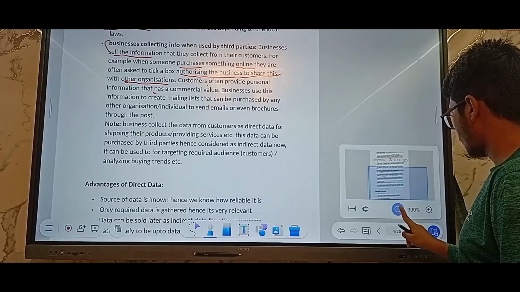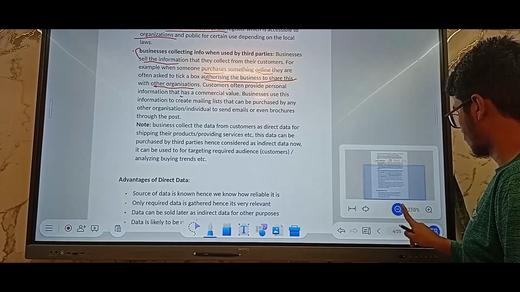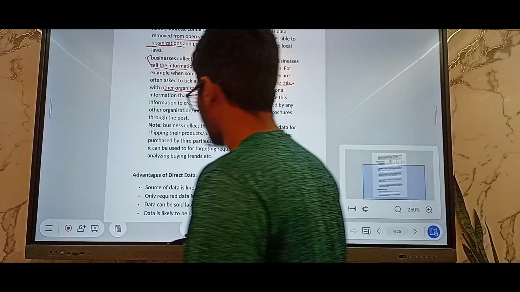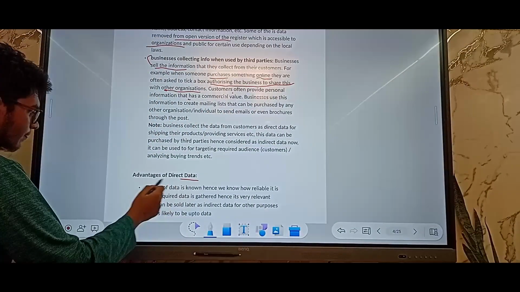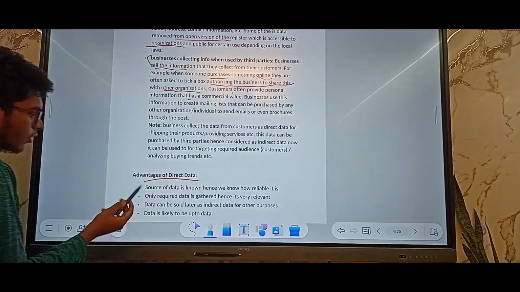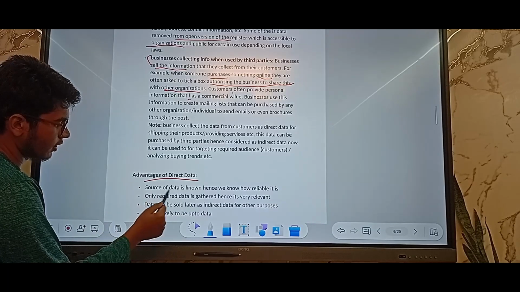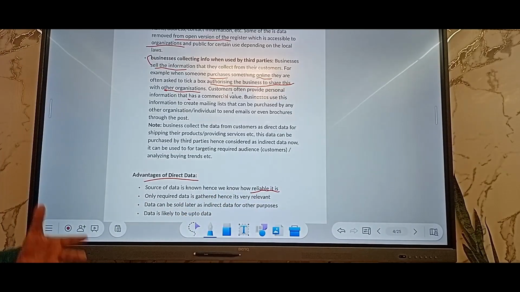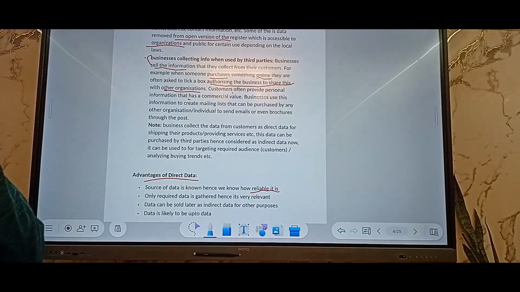Okay, zoom out a little bit. Now we have advantages of direct data. What is written here is: source of data is known, hence we know how reliable it is, because you are collecting the data, you know how reliable you are, or how reliable your employee is.